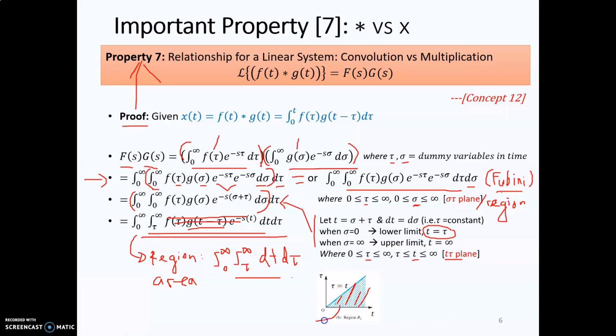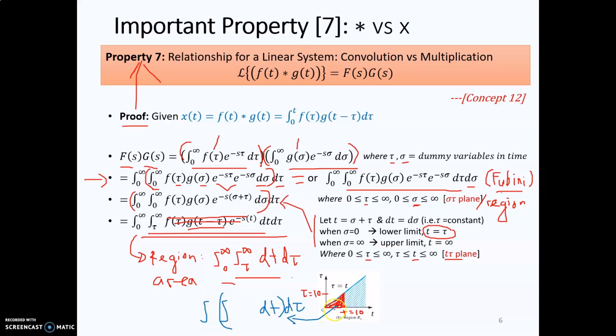When we plot it in tau versus t, you obtain one linear line, and below it will be your region area. So if you want to find the region area with t equal to 10 and tau equal to 10 here, you can double integrate with respect to dt and d tau. And you have to make sure the limit at the tau here, your tau must be a constant.